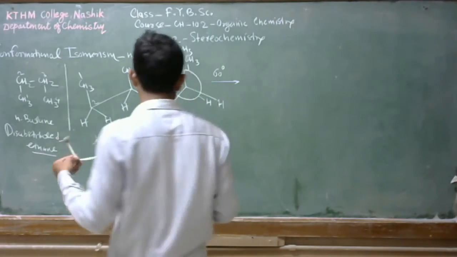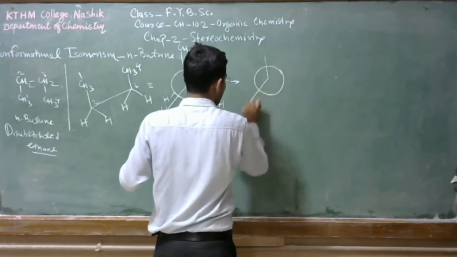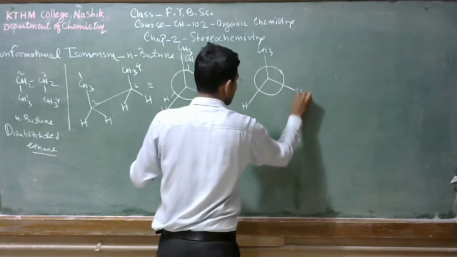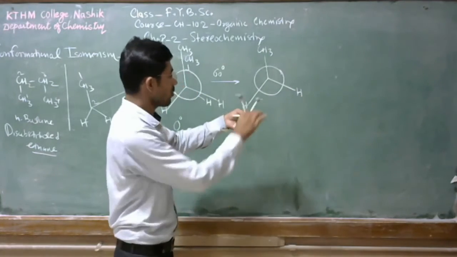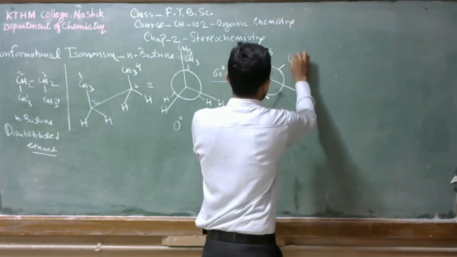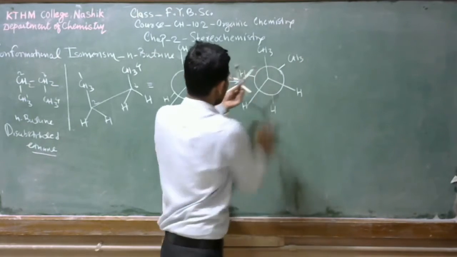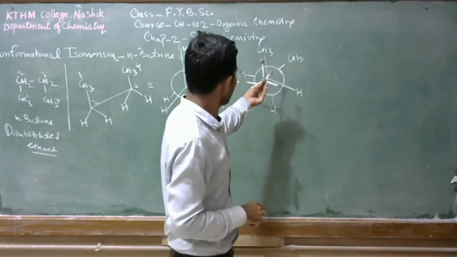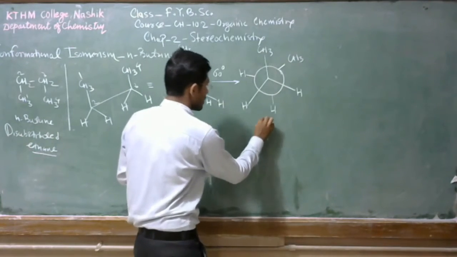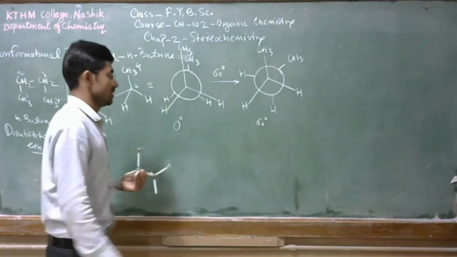So we write this conformation: methyl group, then H. Because of the rotation, the methyl group comes to this position, then H and then H. Viewed from the front, this is the angle 60, and for this angle 60 we can observe this conformation.